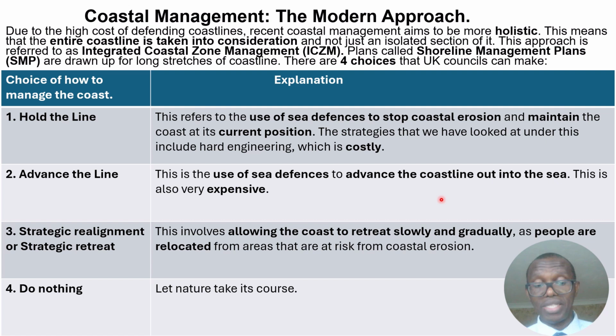So that is a limitation of it. And then the third option, or the third choice, is strategic realignment or strategic retreat. This involves allowing the coast to retreat slowly and gradually as people are relocated from that particular area or from the areas that are at risk from erosion.